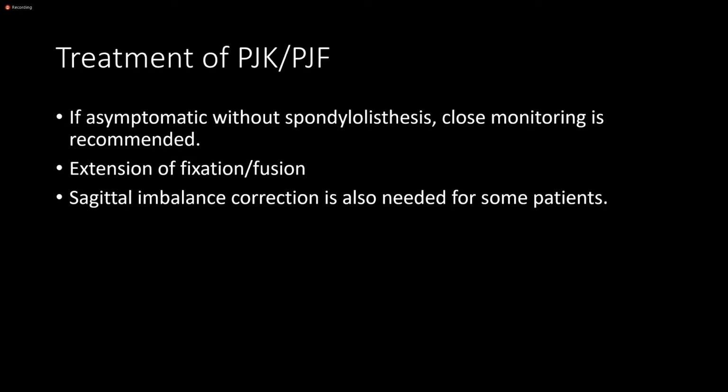I bring the patient back every 3 months, every 6 months, every year, getting new x-rays and asking about their sagittal balance and their symptoms, and really try not to do more surgery because previous studies showed 50% of those patients end up with another PJK after the extension of the previous one.